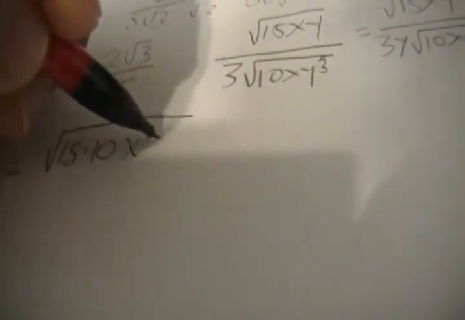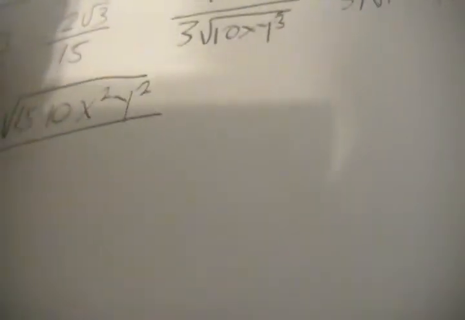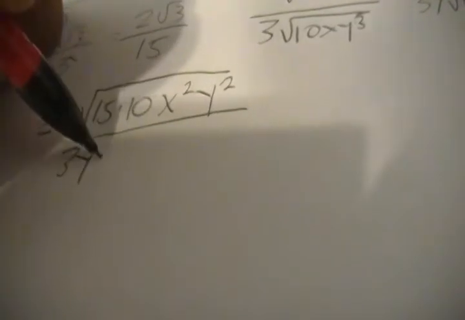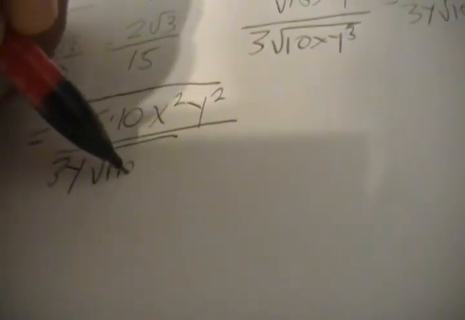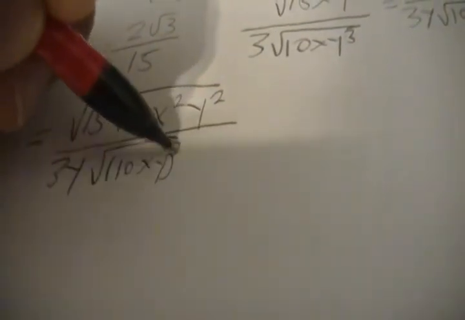So that's going to give us square root of 15 times 10 times x squared and then y squared over 3y times 10xy squared.